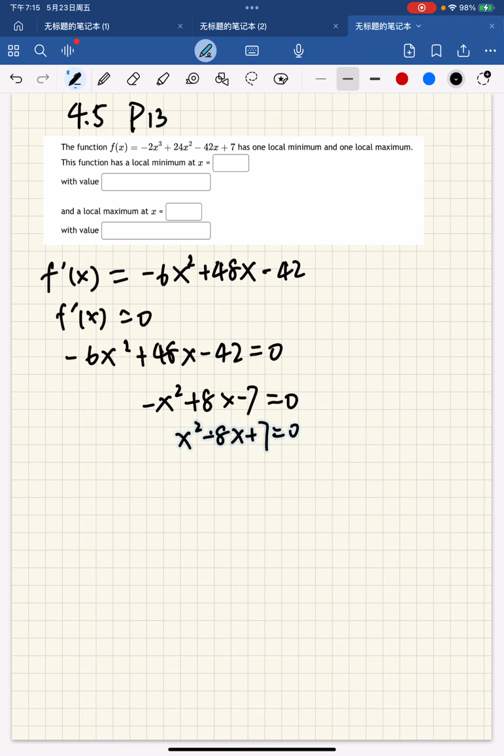Now we just need to find the x values. We're going to use the root formula for the quadratic equation.